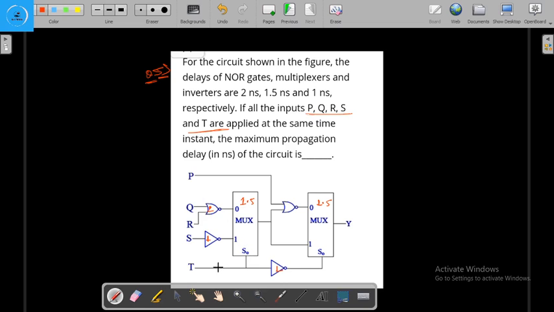So there will be two cases, because T is connected to the selective line. In the first case we are going to keep this T as logic 0. In the second case we are going to keep this T as logic 1.